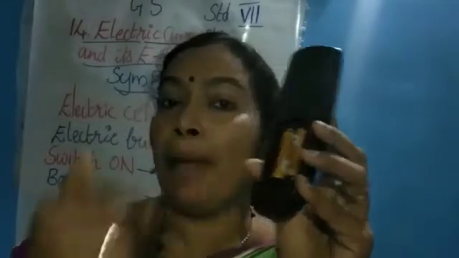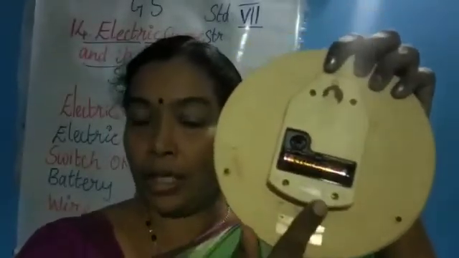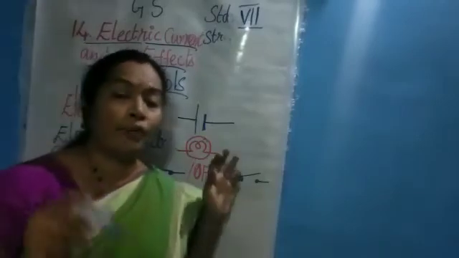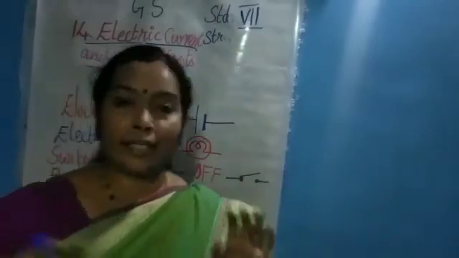See, here we are using 2 cells, so we can say it is a battery. But for the clock, we are using only 1, so we say it is a cell. So for an electric cell, how will you draw it in electric circuits?